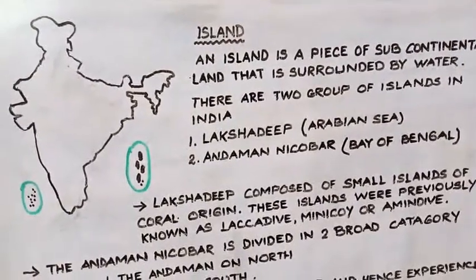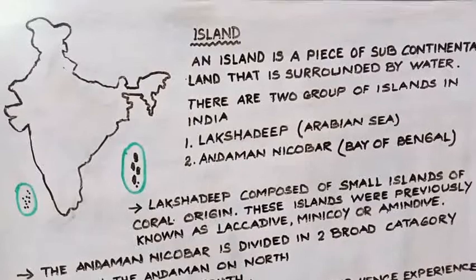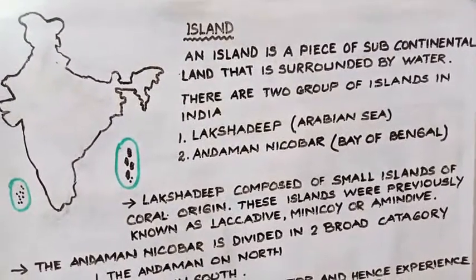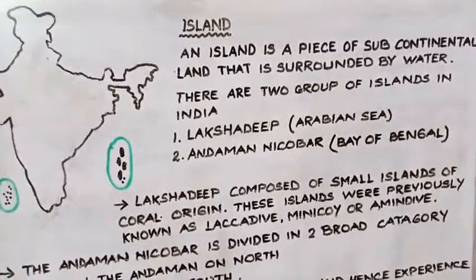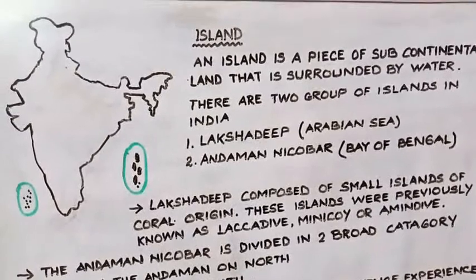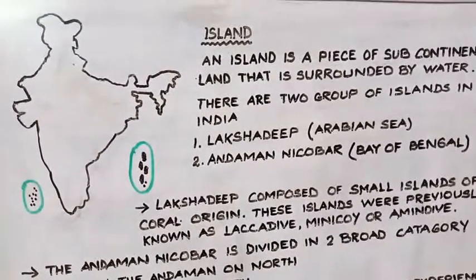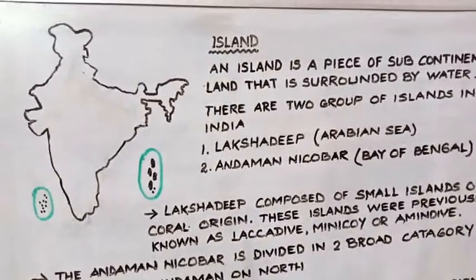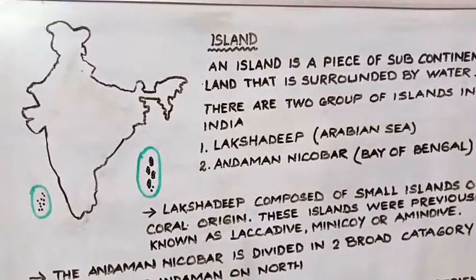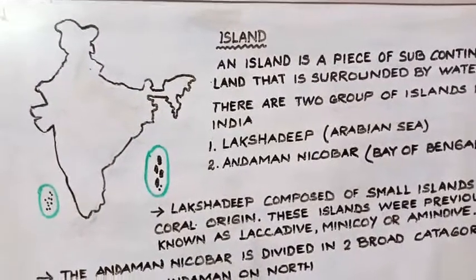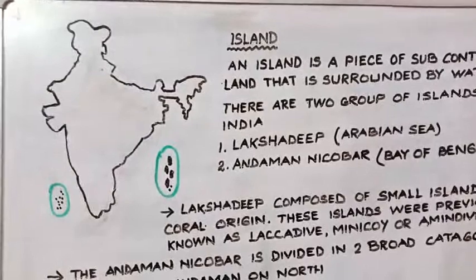Now, students, this is the last section of the entire chapter, and it deals with islands. If you see the map of India, you can see on the right hand side and on the left hand side of India there are two groups of islands which are circled in green color.